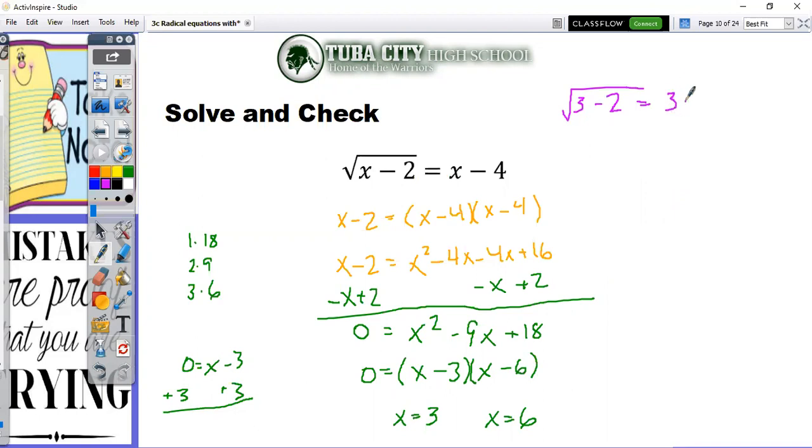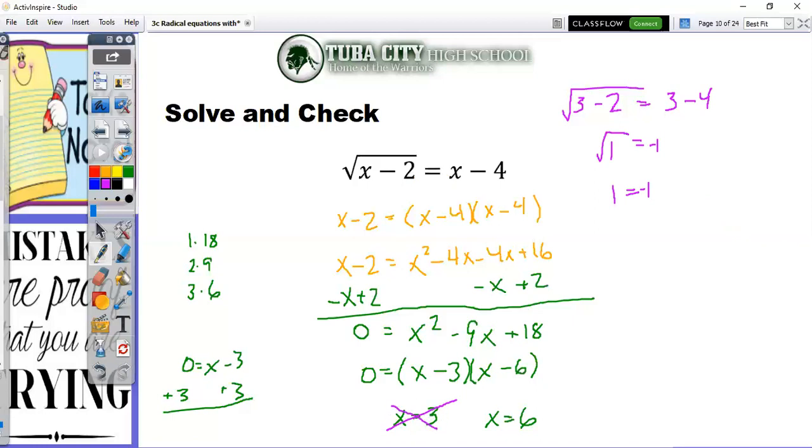So 3 minus 2 is 1, so replace that with 1. 3 minus 4 is 1. Square root of 1 is 1. And 1 equals 1, so that is, wait, hold on a minute. 3 minus 4 is -1, which would make this side -1 also, and they don't work out. In this case, this one is not a solution.